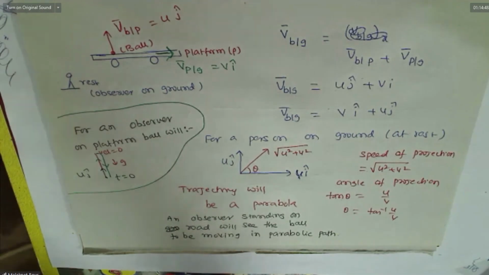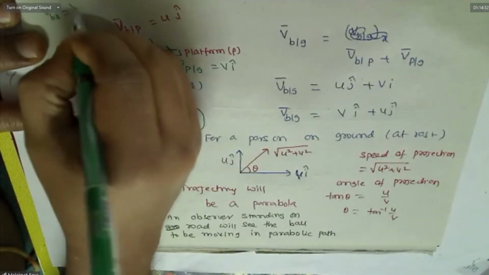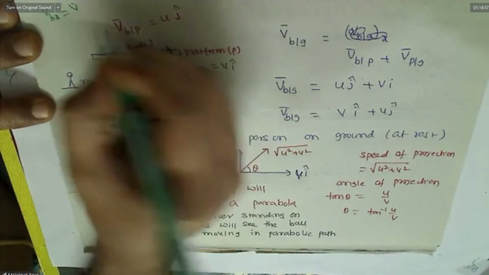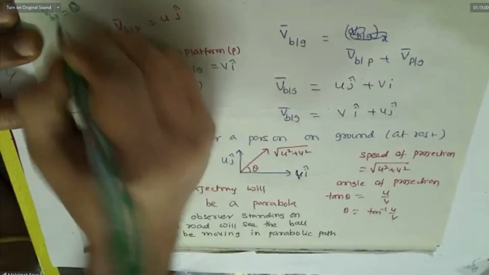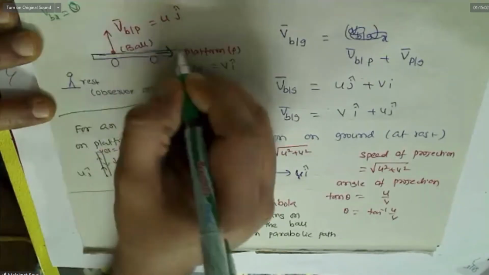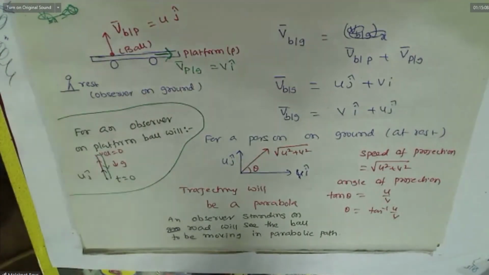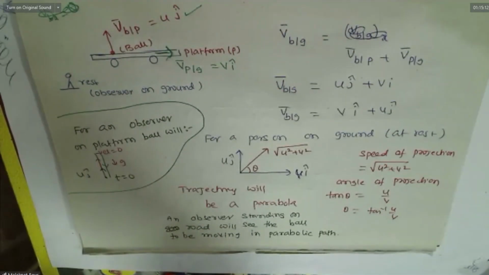See here, the ball has V at the time of projection. With respect to ground, I am saying this is 0. For the platform, it has this. So what is the velocity of the ball with respect to the platform? Vertical upward only. There is no horizontal velocity.